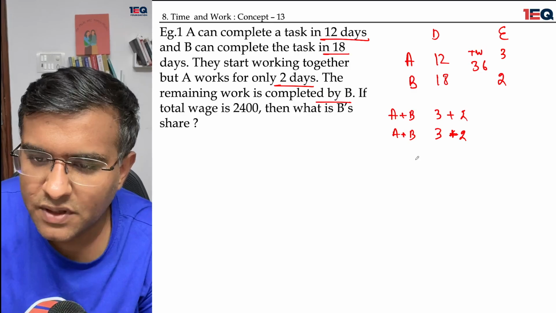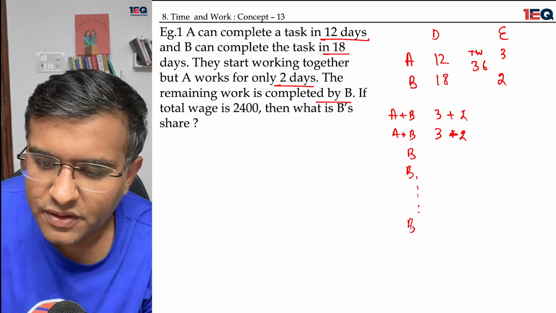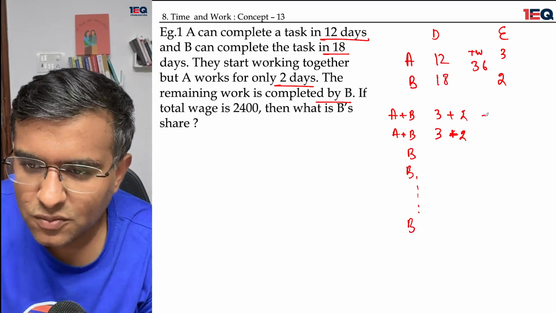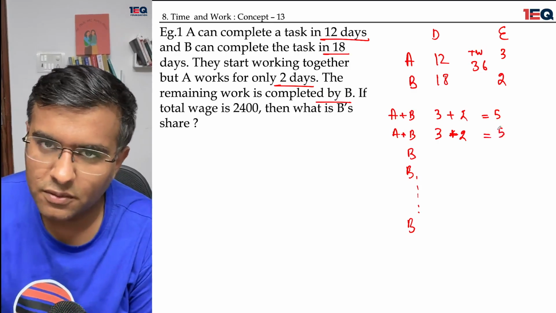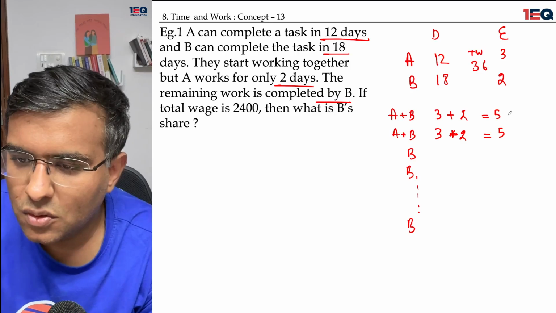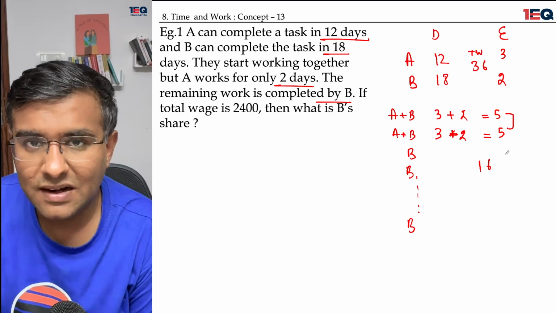After that, A left and B finished the job. Let's assume 5 was the total contribution on the first day, 5 on the second day. So total 10 work has already been done.